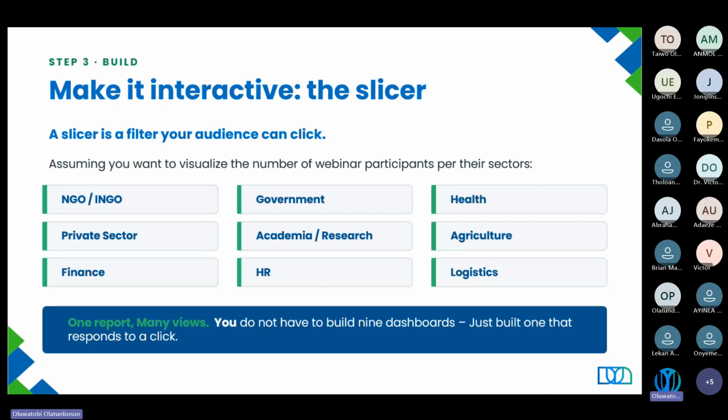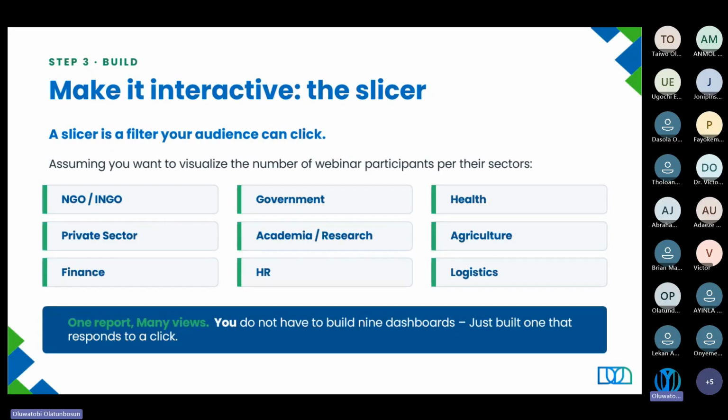So let's assume that you want to visualize the number of webinar participants per their sector, right? I use my column chart, or let's say I put in cards and it's only cards I have.